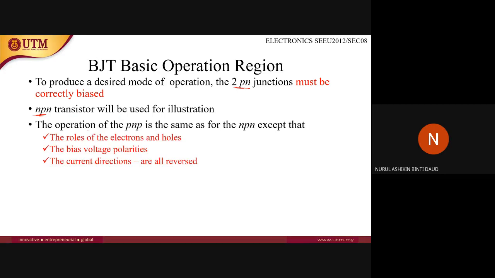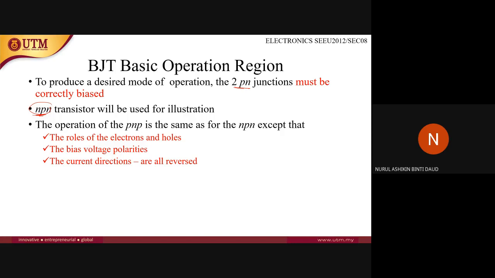The operation of the PNP is the same as for NPN, except for the roles of electrons and holes. For example, for PNP, instead of electrons, holes will be the majority carriers.